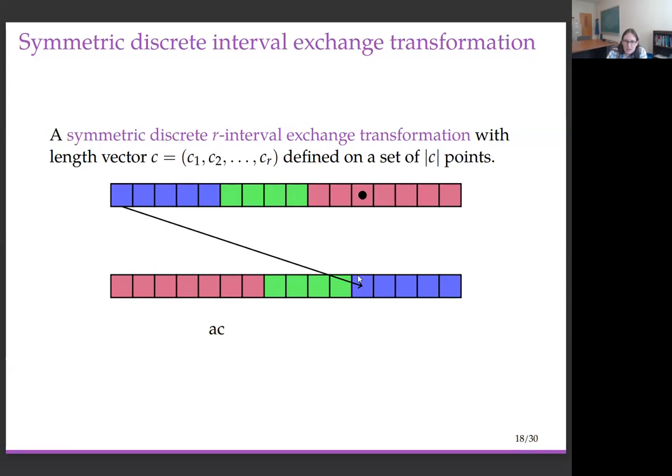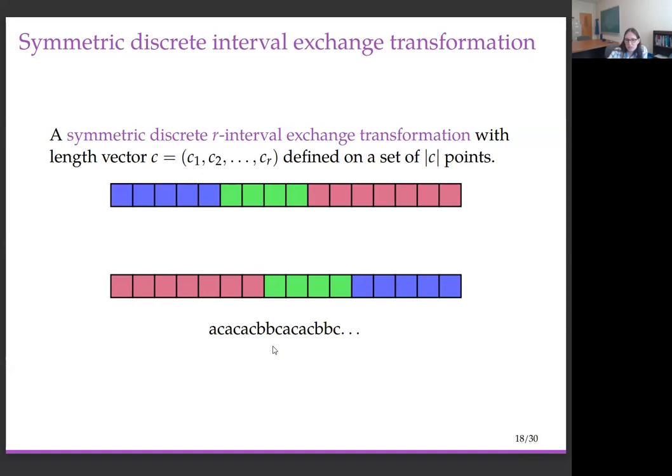So when I apply my transformation, once I am in the red interval, I write C, and if you continue, you get on the blue interval C, and if you go on, you will obtain a word like that. Since we are in the discrete case, we know that the word obtained will be ultimately periodic because there is only a finite number of boxes.